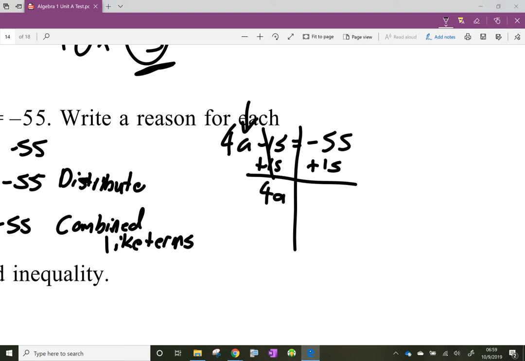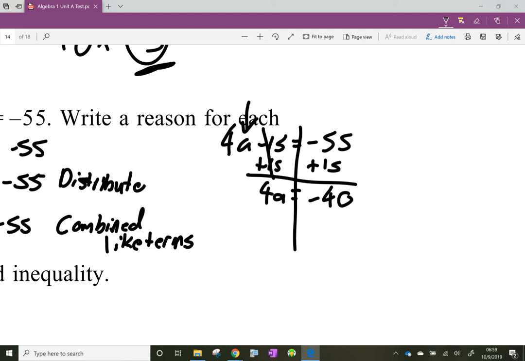So we have 4A equal to, and now we just got to simplify here. Negative 55 plus 15, that's kind of tricky. But think of it as you owe somebody $55 and then you pay them back 15. So now you only owe them $40, negative 40. Okay, you can use a calculator too.